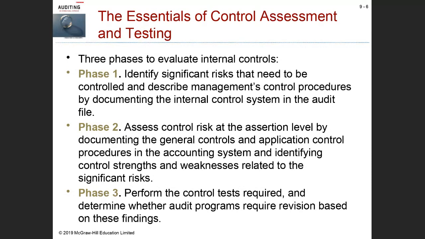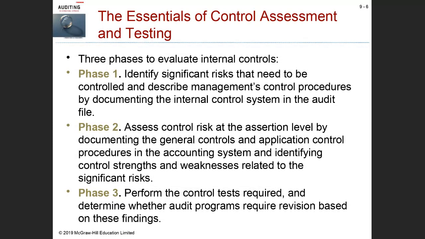So how does management ensure that their inventory is not overstated in their financial statements? The risk is overstatement of inventory. So what's the internal control that management has in place to prevent inventory overstatement? All of these controls that impact the audit are the controls that we're most interested in.